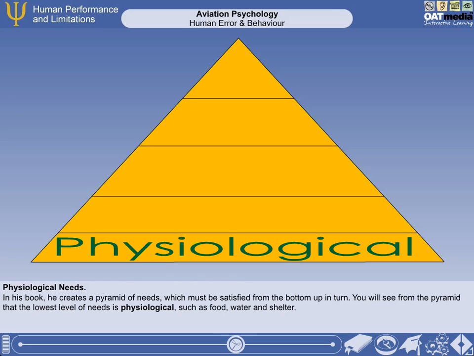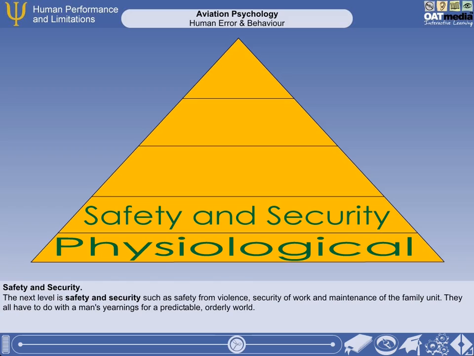You will see from the pyramid that the lowest level of needs is physiological, such as food, water, and shelter. The next level is safety and security, such as safety from violence, security of work, and maintenance of the family unit. They all have to do with a man's yearnings for a predictable, orderly world.